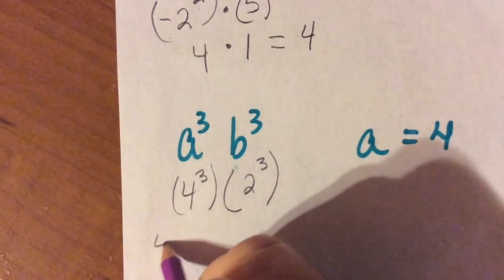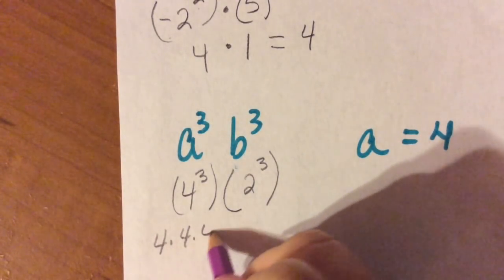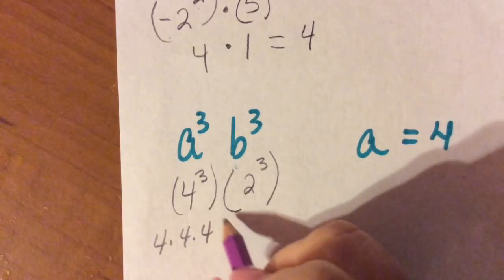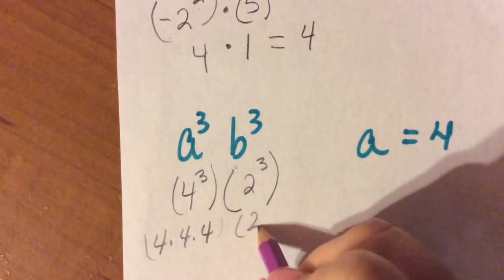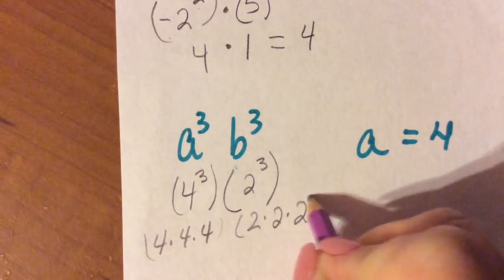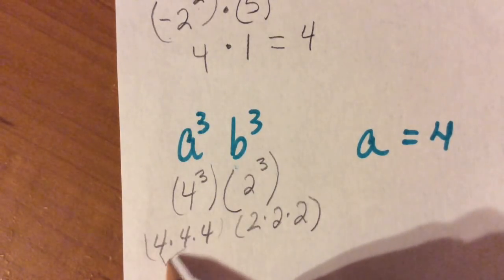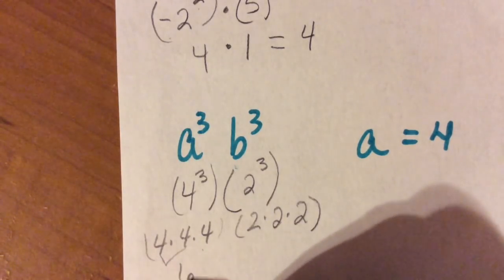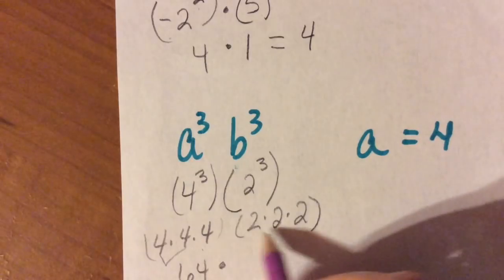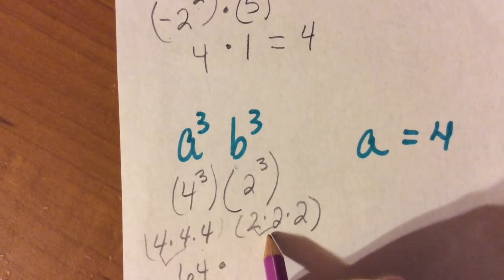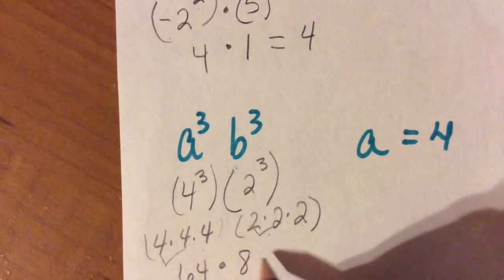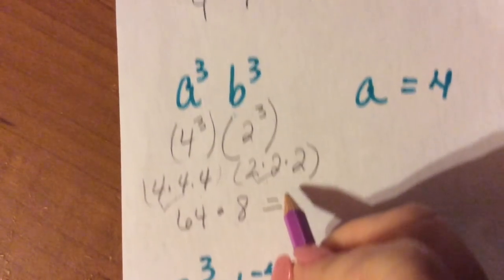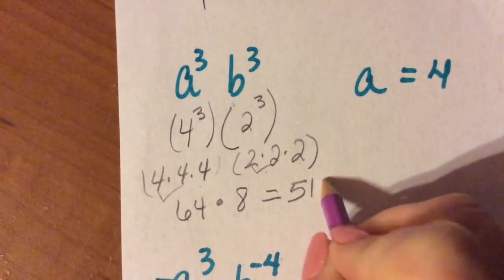So this was 4 times 4 times 4, and this one is 2 times 2 times 2. So this is 16. 16 times 4 is 64. Times 2 is 4. Times another 2 is 8. So 64 times 8, and when I multiply these, they will be equal to 512.